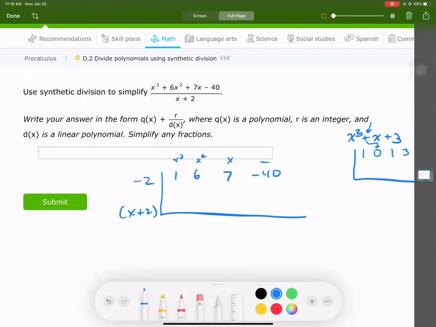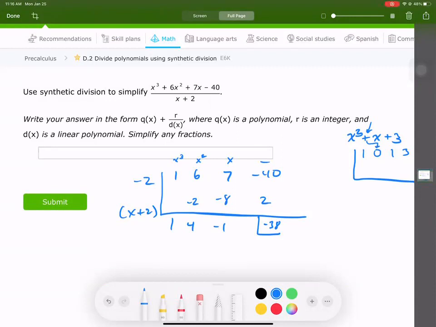Okay, I'm going to use negative 2 up here as my key. 1, negative 2, 4, negative 8, negative 1, positive 2. Oh no, it didn't work. Negative 38. That looks like my remainder. Let me double check. Sometimes you might copy it incorrectly. Sometimes I do that. 1, negative 2, 4, negative 8, negative 1.